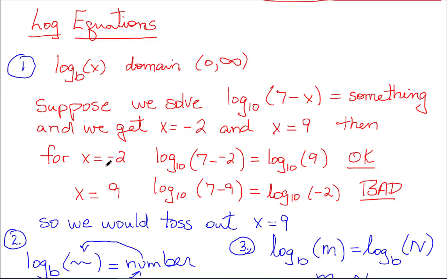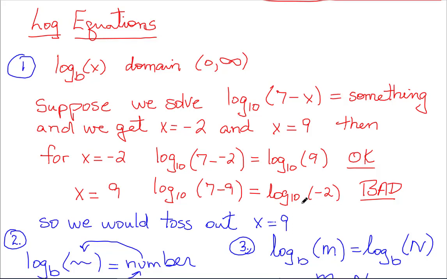Well, let's see. If you plugged in minus 2, that would be 7 minus a minus 2. And you'd be taking log 10 of 9. Well, that's okay. 9 is a positive number. If I plug in 9, that's 7 minus 9, which is minus 2.